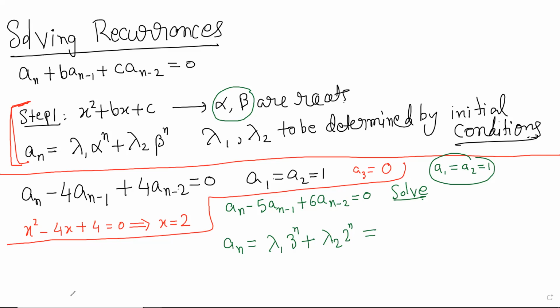So put n equal to 2, right? You will get the linear equations. I think lambda 1 is 0 and lambda 2 is half, minus half. Oh, sorry, I think it's wrong.